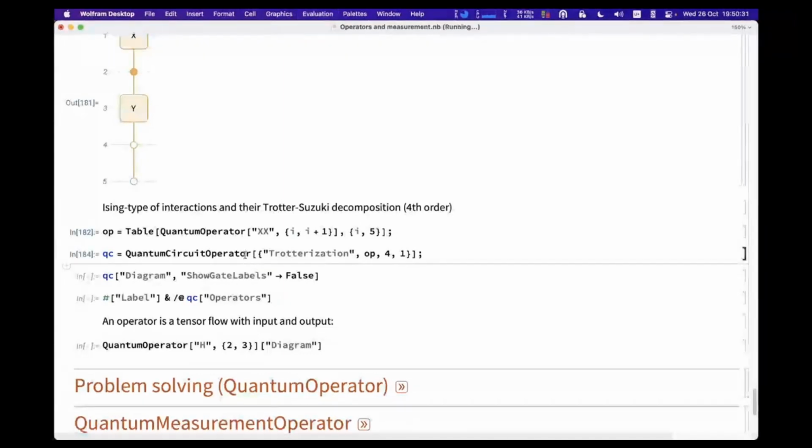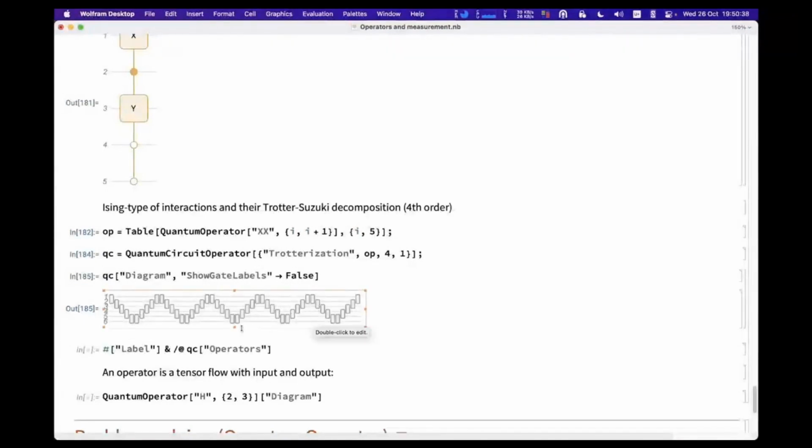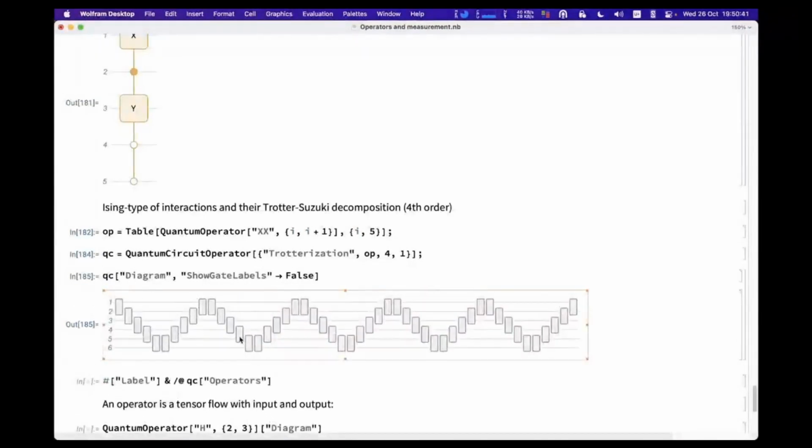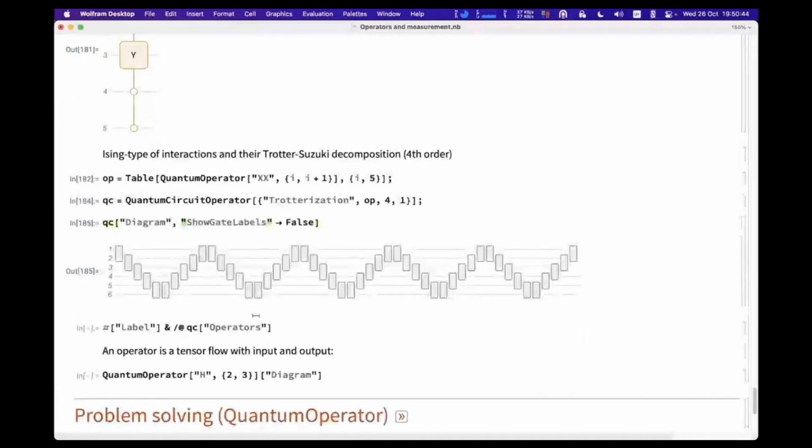The biggest challenge is what is the circuit resembling the time evolution of an operator or a collection of operators? The Suzuki-Trotter decomposition helps you to construct a circuit mimicking the time evolution. Whenever you are doing that, remember there are two important inputs here: the collection of operators describing the time evolution, and next, to what order you would like to have your approximation, because Trotter-Suzuki is an approximation to the actual time evolution.